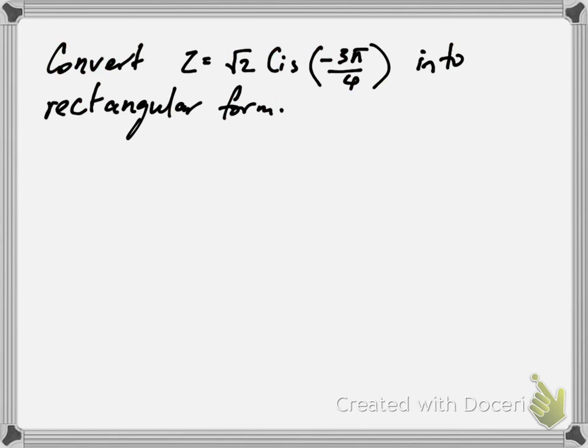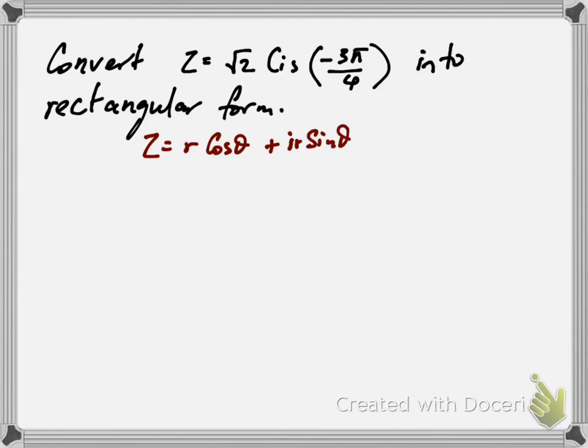Alright, let's convert the other way. So let's convert polar form into rectangular. So z is given as square root of 2 cis minus 3 pi over 4. If you have to convert into rectangular, you have to write down the full form. So z is equal to r cos theta plus i r sine theta.